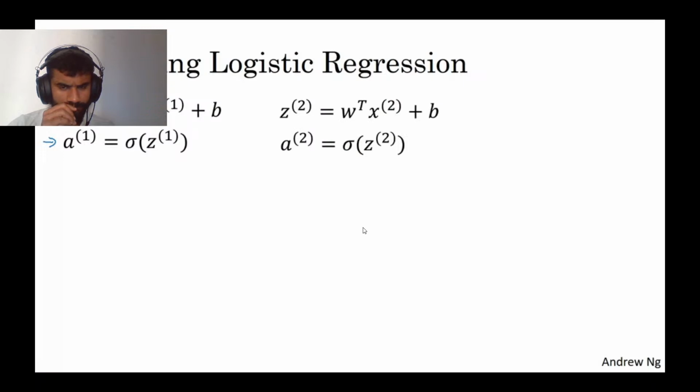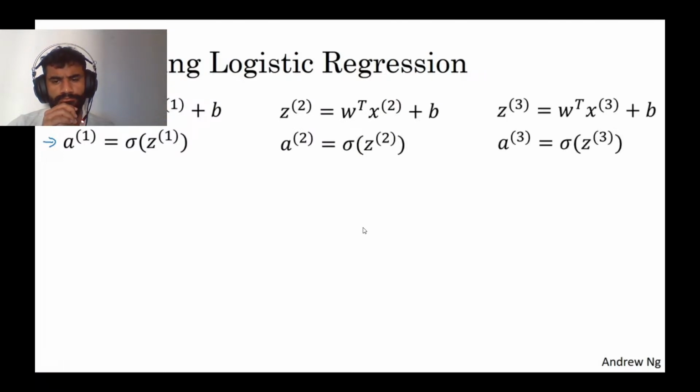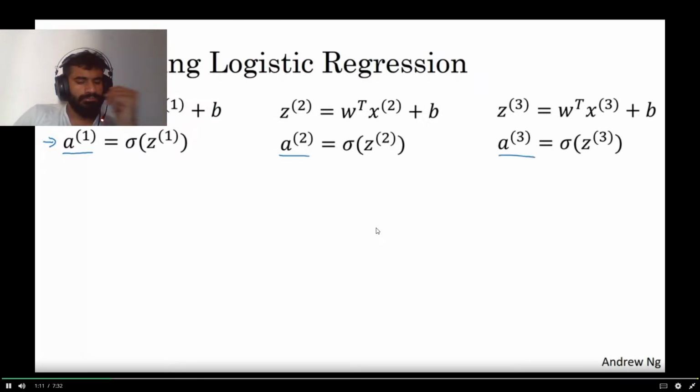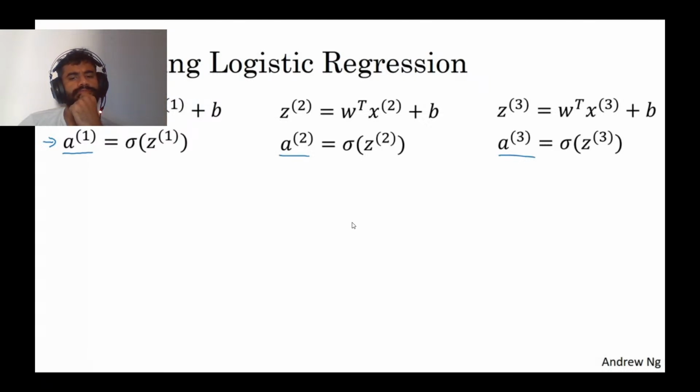Then to make a prediction on the third example, you need to compute that, and so on. And you might need to do this m times if you have m training examples. So it turns out that in order to carry out the forward propagation step, that is, to compute these predictions on all m training examples, there is a way to do so without needing an explicit for loop. Let's see how you can do it.